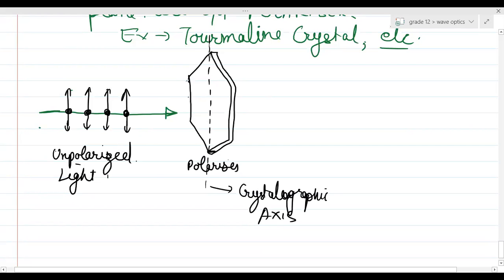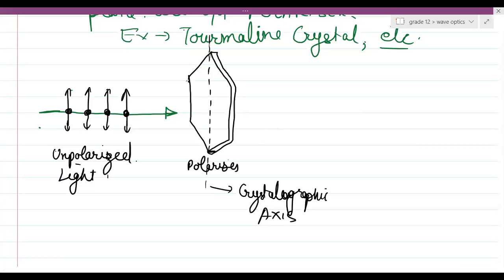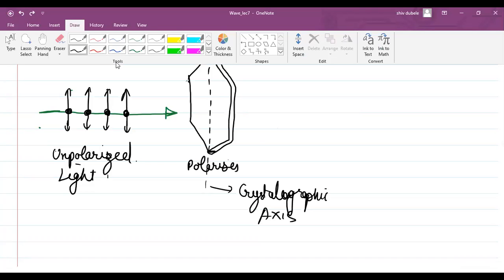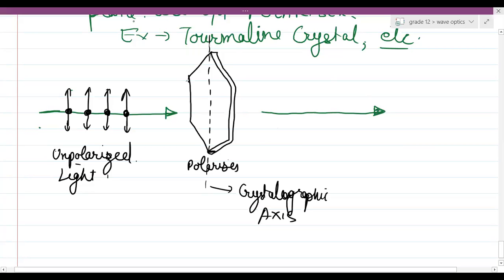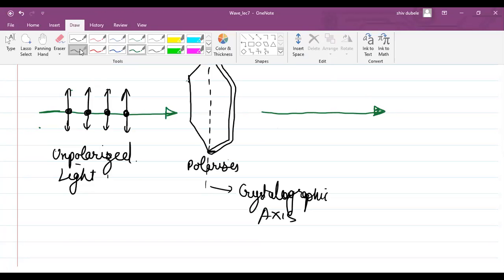Okay, so basically what happens is, when the light comes out of this particular polarizer, it's no longer unpolarized. With the help of this polarizer, you have restricted the plane, and the light becomes something called polarized light.